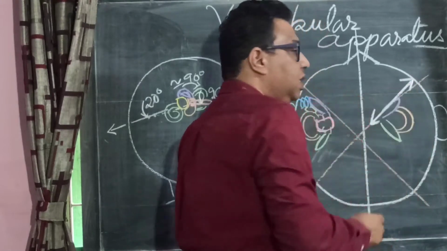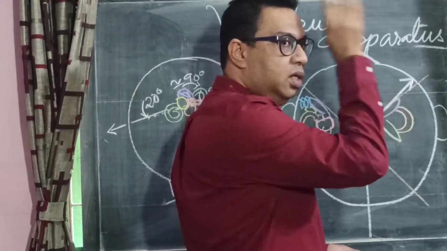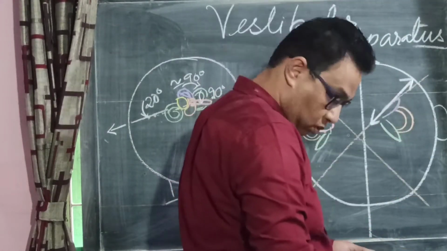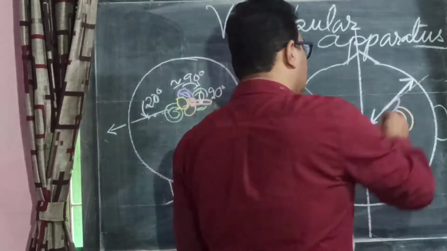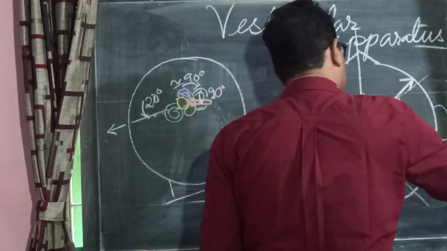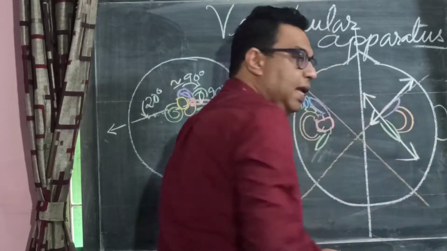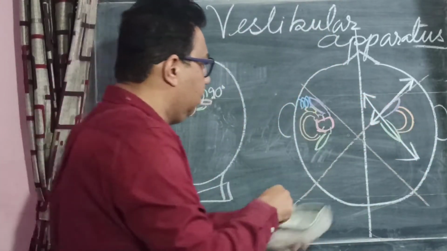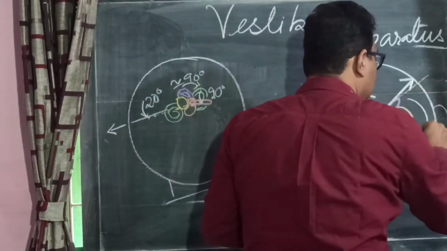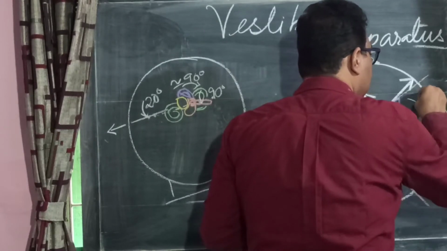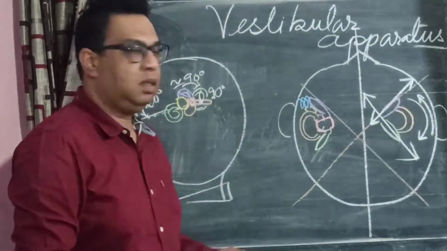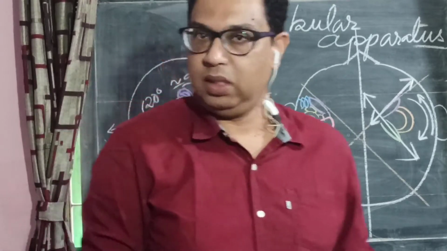The anterior canal picks up movements which are not going straight forward but to the side, back and forth. The posterior canal picks up movement oriented like this, and obviously the horizontal canal will pick up movement of this variety from side to side.